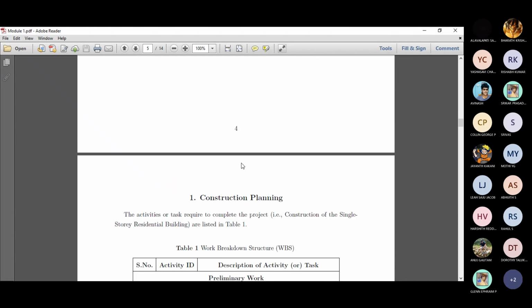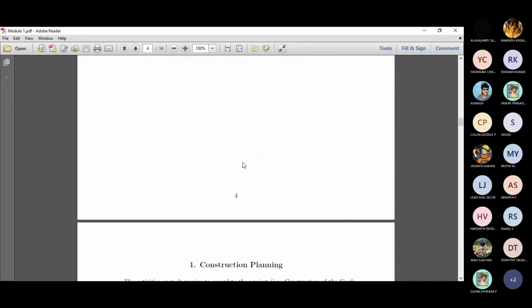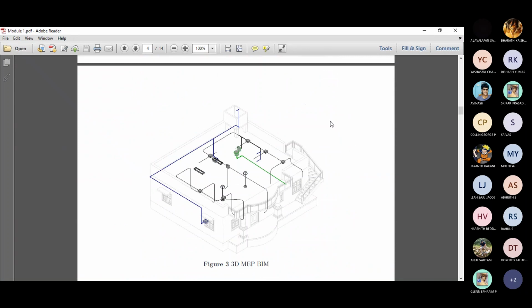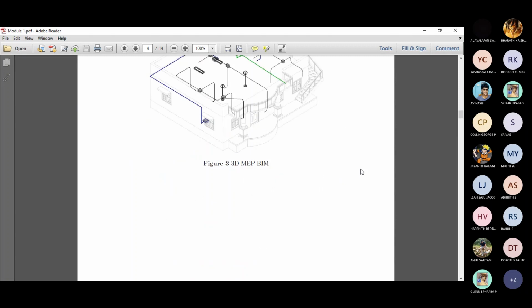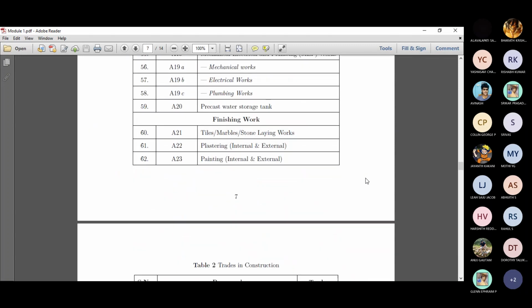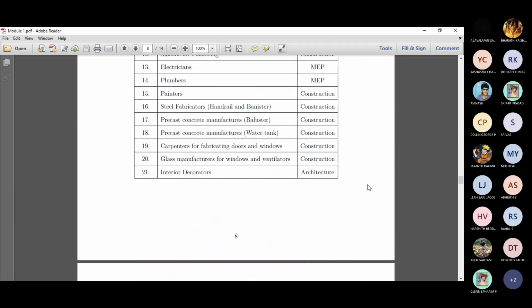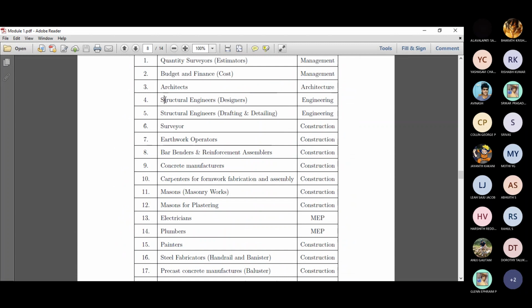So all these models are prepared by architects with the vegetation nearby. They can add trees, boundary walls, roads, and other aspects, so that it gives you a realistic understanding. Then we talk about engineers, where structural engineers, designers, and draftsmen, and detailing is also a job.